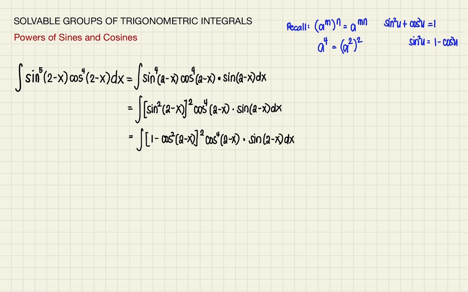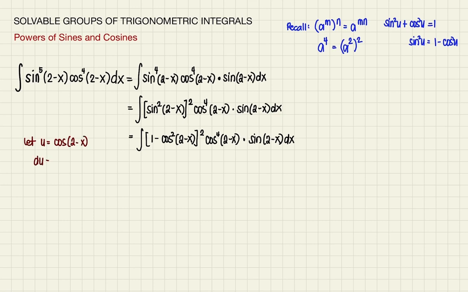Now that everything here has been expressed in terms of cosine, we can perform substitution by letting u equals cosine of 2 minus x.